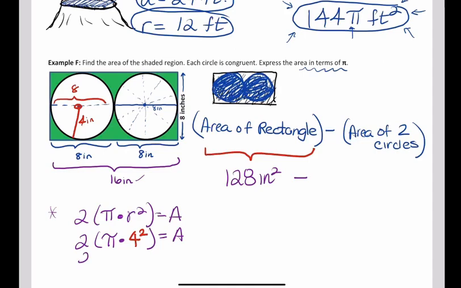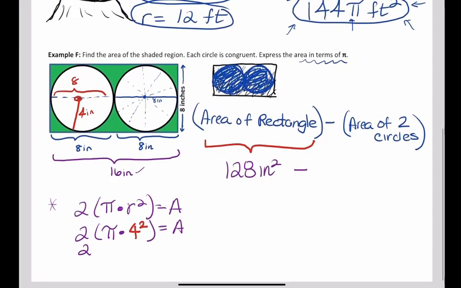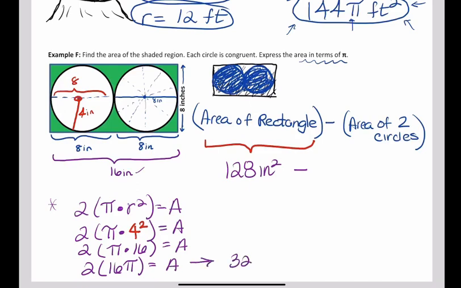Let's do parentheses first. So 4 squared is going to be 16, not 8. Not 8. And then pi times 16 is just 16 pi. And then 2 times 16 is going to be 32 pi.